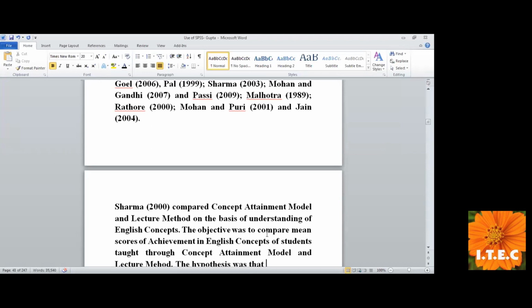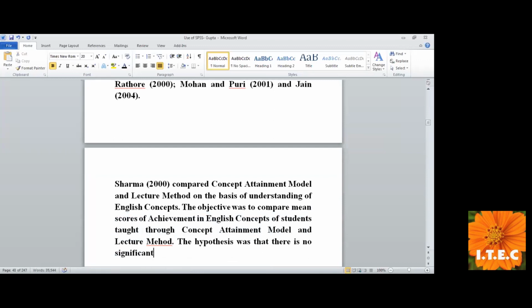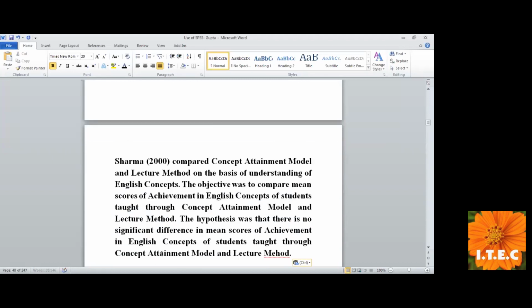The hypothesis was that there were no significant difference in mean scores of achievement in English concept of students taught through concept attainment model and lecture method.